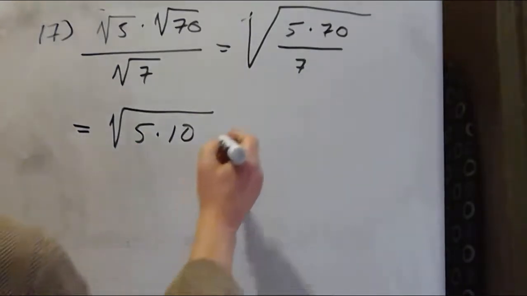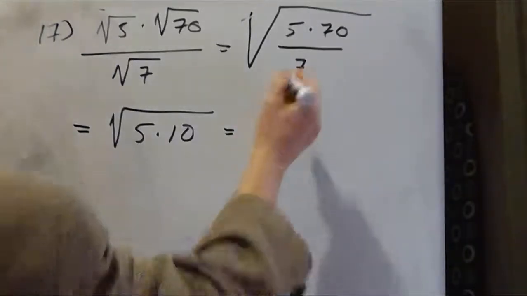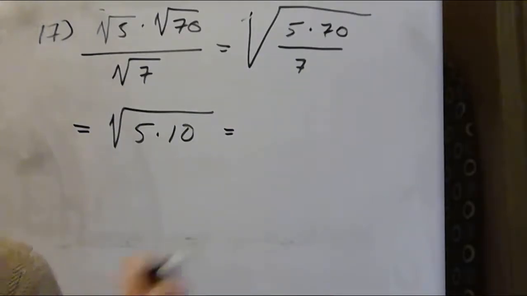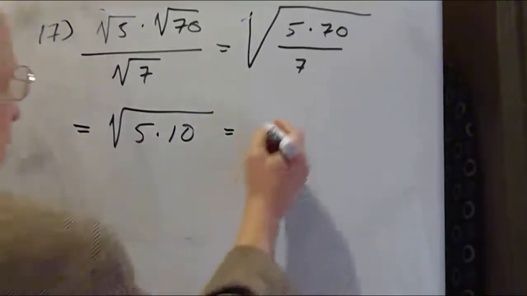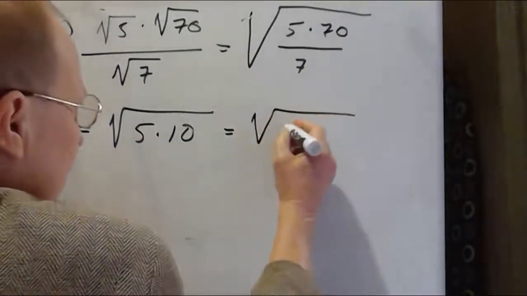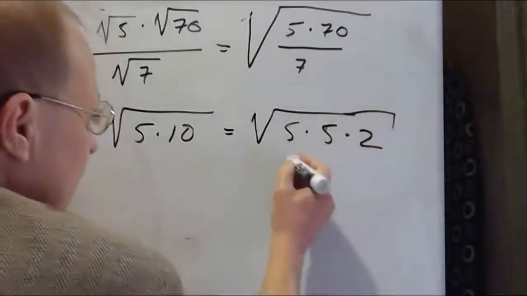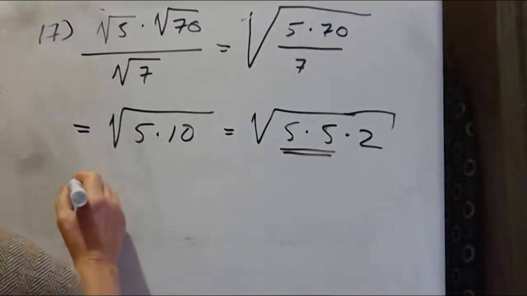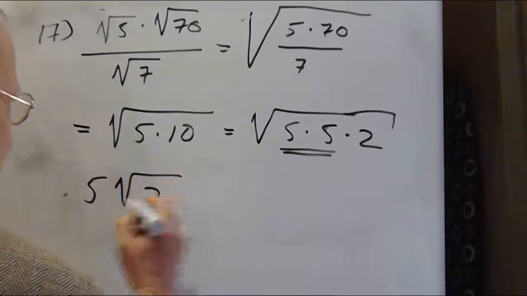Just by that little understanding of our multiplication and our division rules, we can now simplify this so much so that we can now have 5 times 5 times 2. And we see now we have the perfect square here. So that means we can pull out the 5 and have square root of 2.